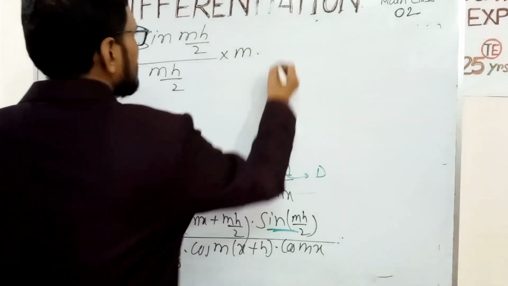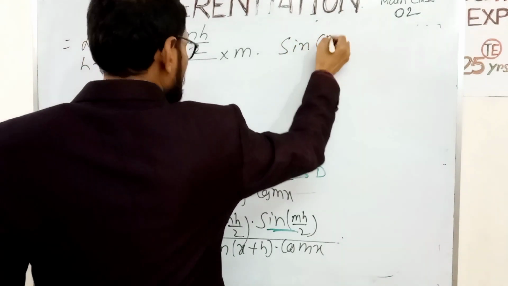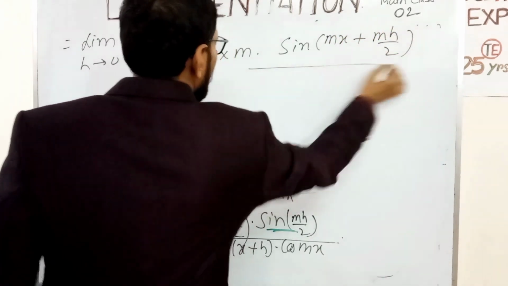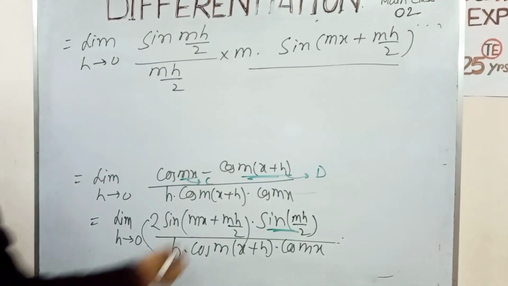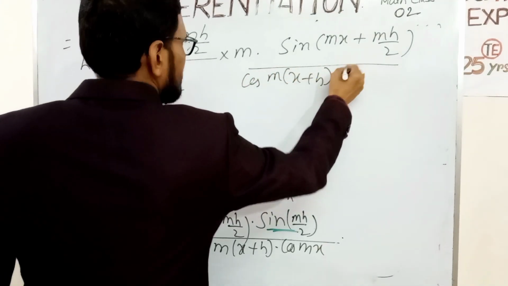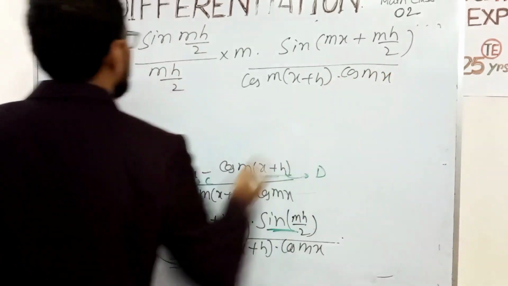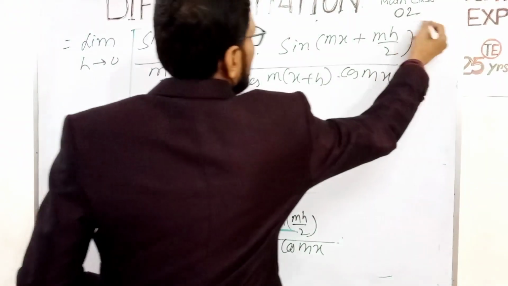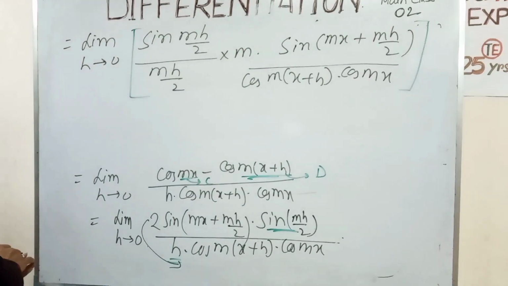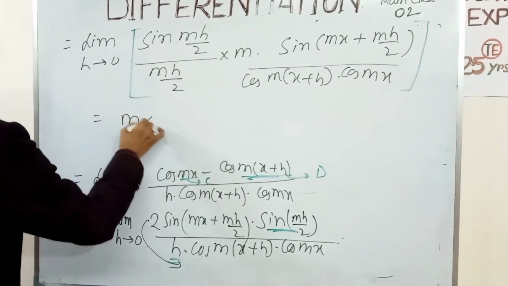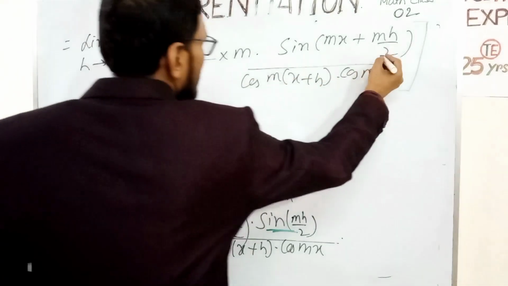Now this becomes sin mx, 2 divided by cos mx, whole limiting value. Now this becomes 1. So m into, now put h equal to 0 here.